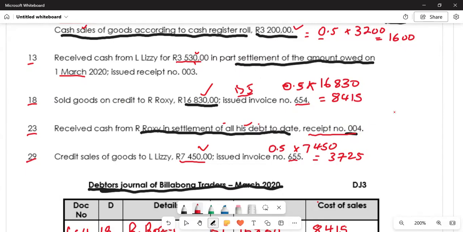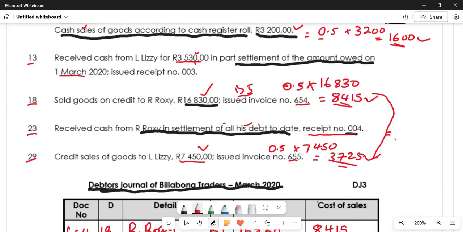So these are the amounts that we are going to enter on the credit side of our trading stock. These are our cost of sales. So we can even add this one without wasting time, whereby now we can say 8,415 plus 3,725.